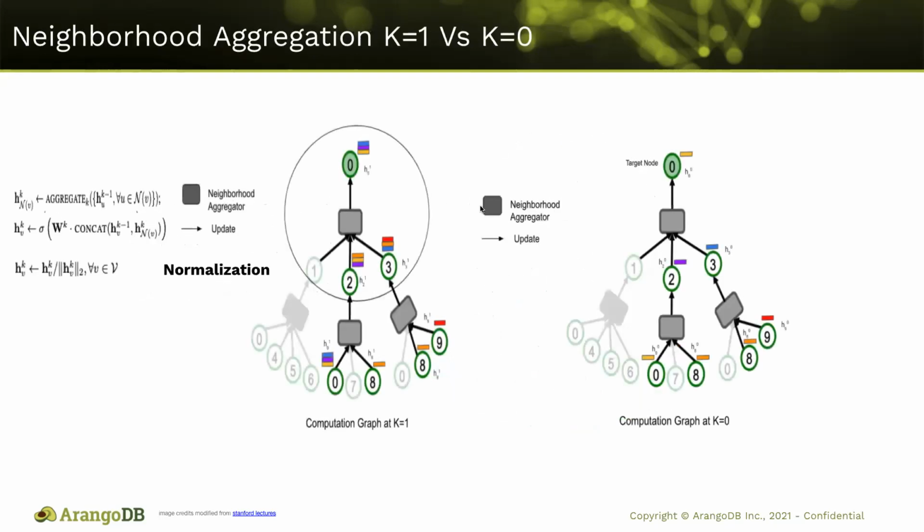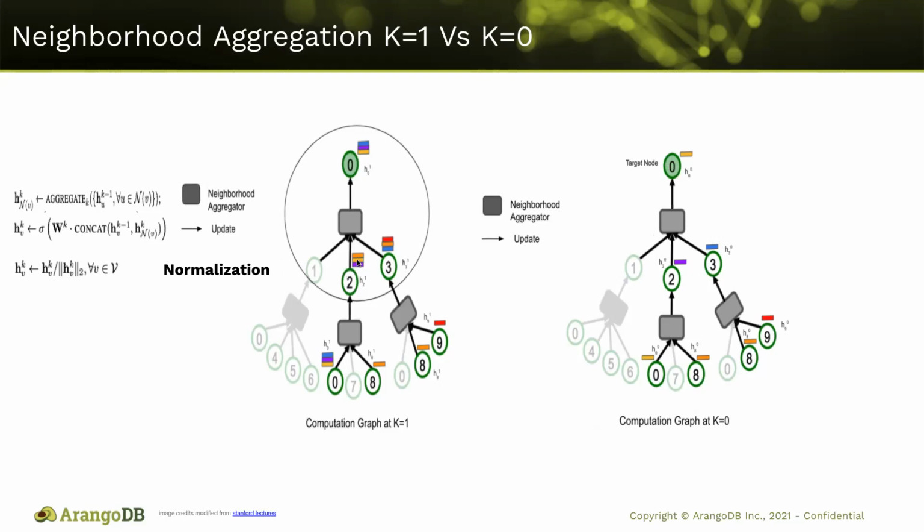So this is basically a comparison between how the neighborhood aggregation is taking place between k equals 1 and k equals 0. Let's say we are computing the new representations of node 0 at k equals 1.